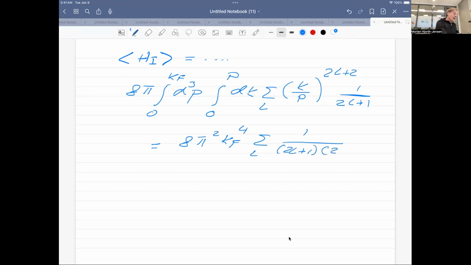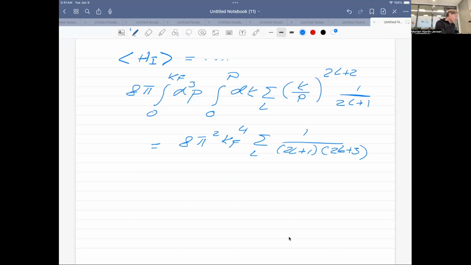And this factor of 2L plus 3 comes from the integration over k. So when you integrate over k, you get a factor 1 over 2L plus 3. Then k is integrated up to p, which means you have p divided by p when you set in the limits, and then you perform the integral over p, which gives you a factor of kf to the power of 4. And then there are different factors which cancel out here.